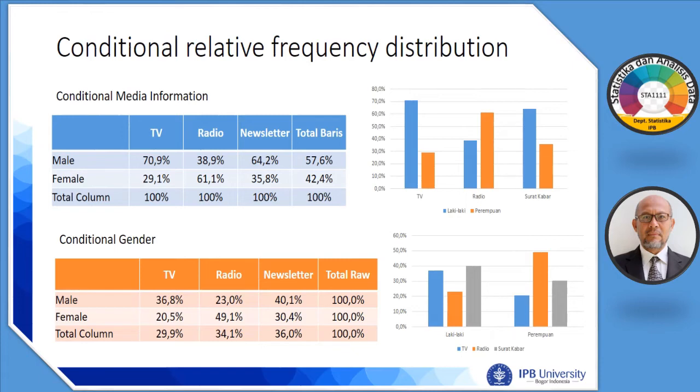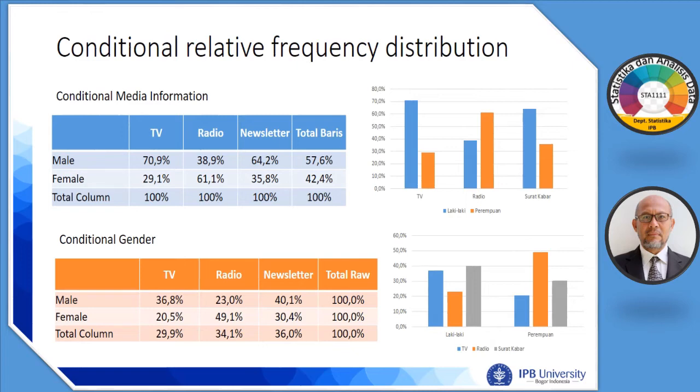So to describe the conditional relative frequency distribution, you can also make a graphic like on the right side. For example, through the conditional media information, for television you have two graphs, and then radio, two graphs, male and female, and then newspaper, also two graphs, male and female.